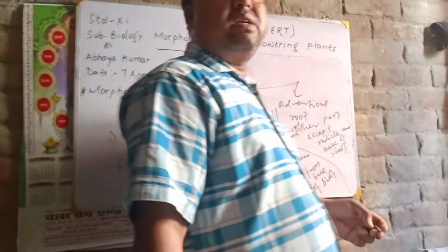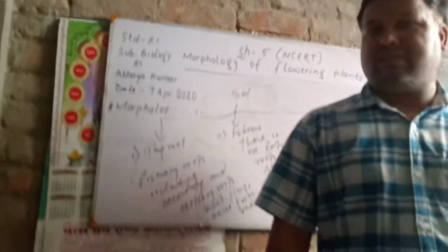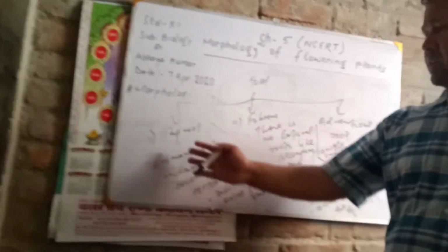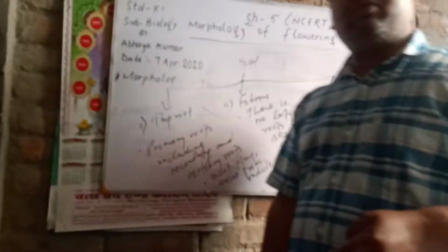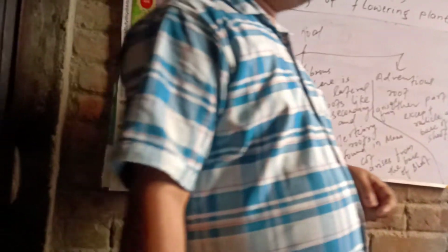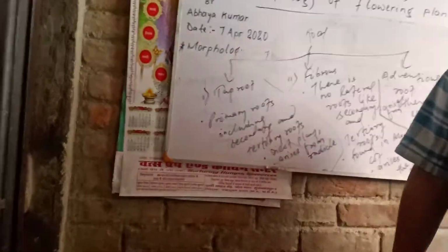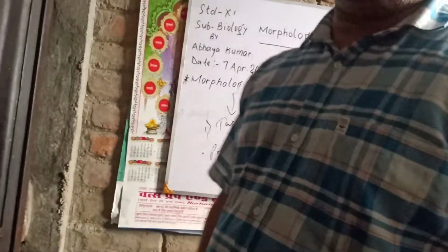Adventitious root generally supports the plants. As you all know, tap root and fibrous root also support the plants. But adventitious root especially stands for support only.